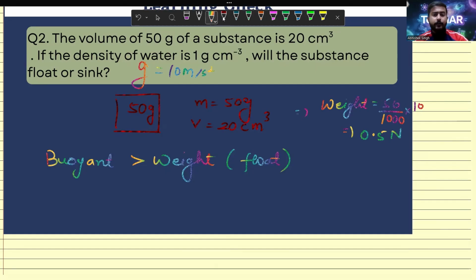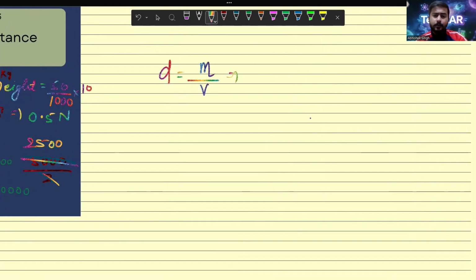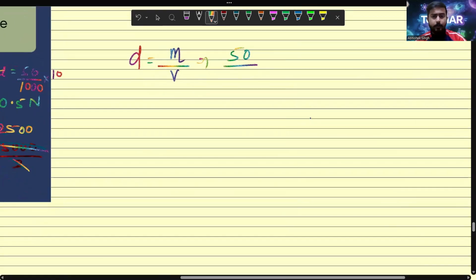Come on, we know the density thing. Okay, let's make it easier. Let's find the density of this object. No problem. Density equals to mass upon volume. The mass is 50 gram, and the volume is 200 centimeter cube.